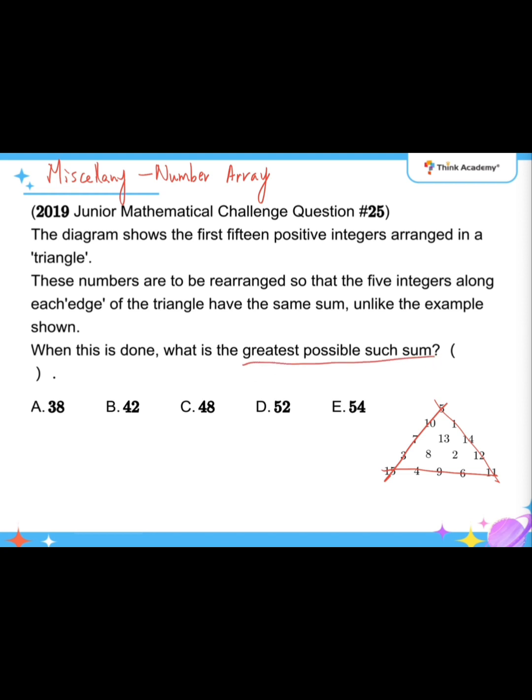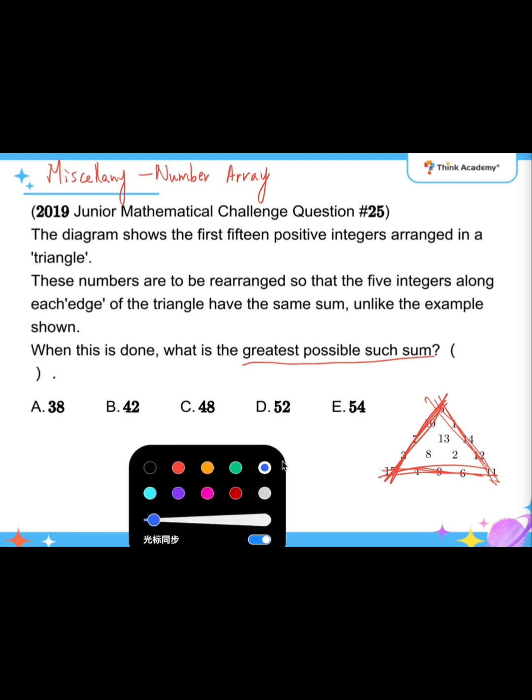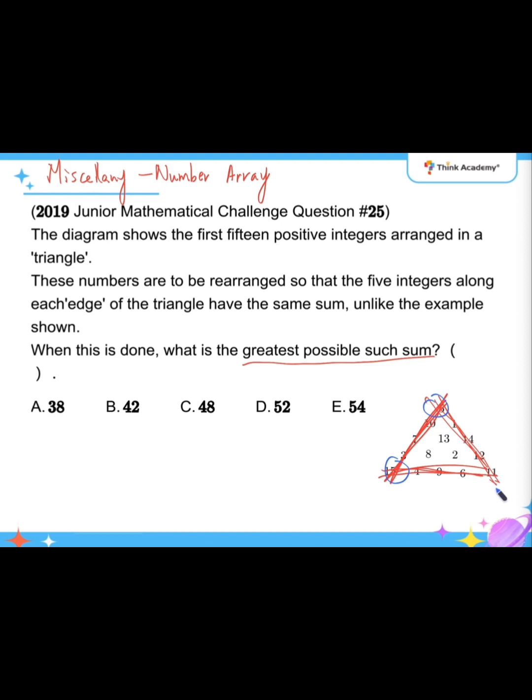So, how do we get the sum? Basically, we are adding every 5 numbers there, right? So it means that I am actually counting each of these numbers at the corners twice. So if I want the greatest possible sum, of course, I want these corner numbers to be as big as possible, right?